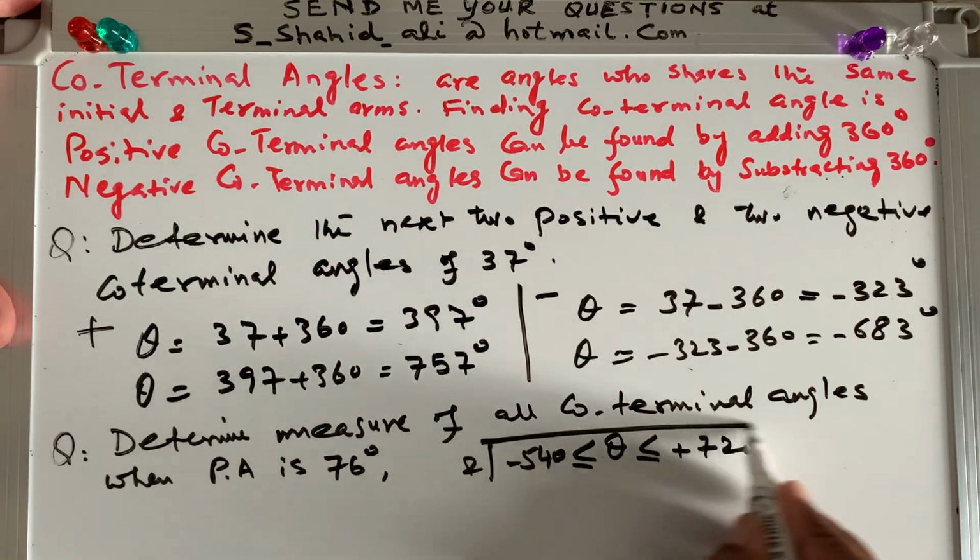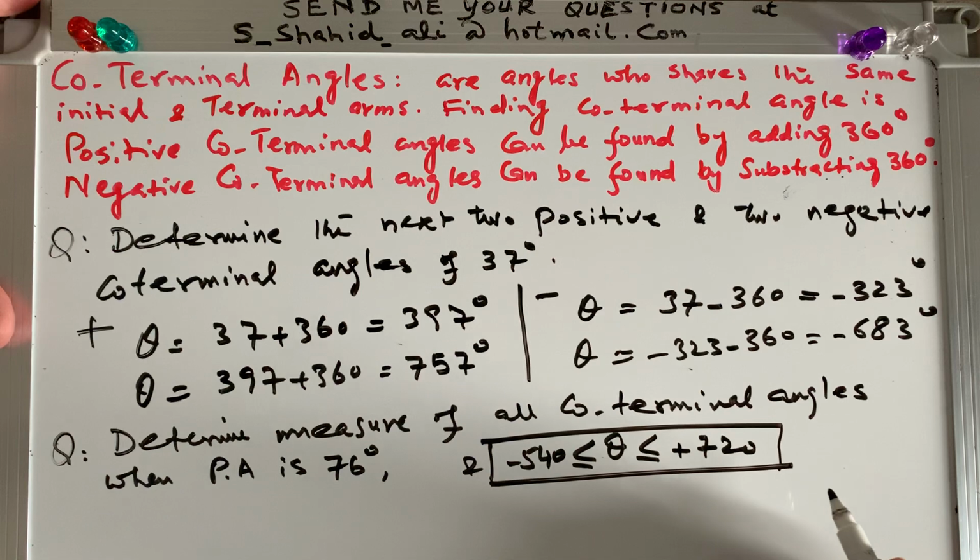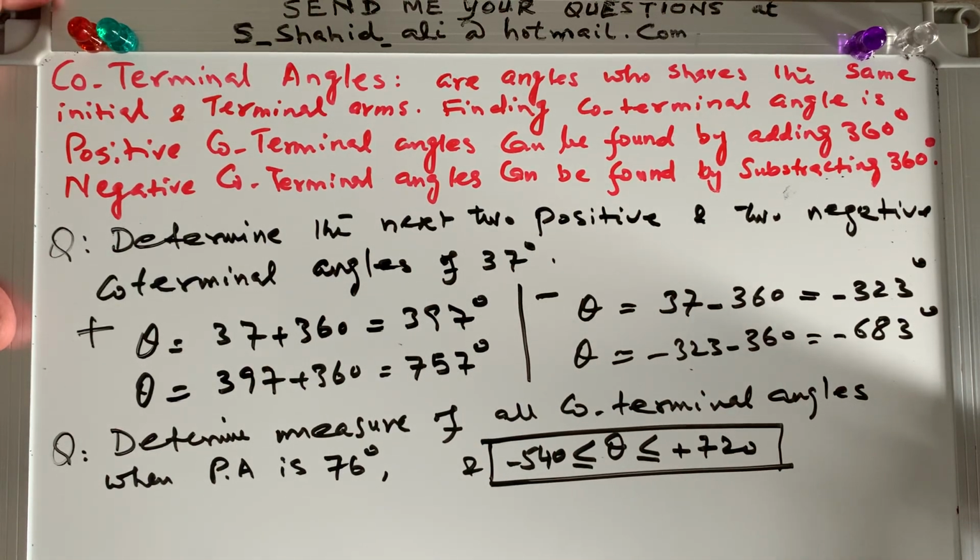So if this is the condition, that I have not to go beyond this, and I have to find out all coterminal angles when PA is 76, right?